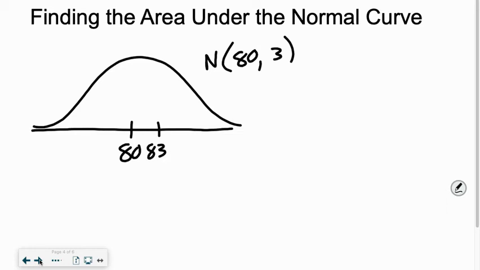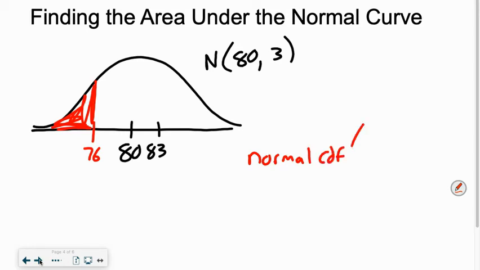If I wanted to find the area from 70, let's just say 76 and lower, you can use table A in your book, which I'll talk about in class, but otherwise to find area on the normal curve, normal CDF on your calculator.